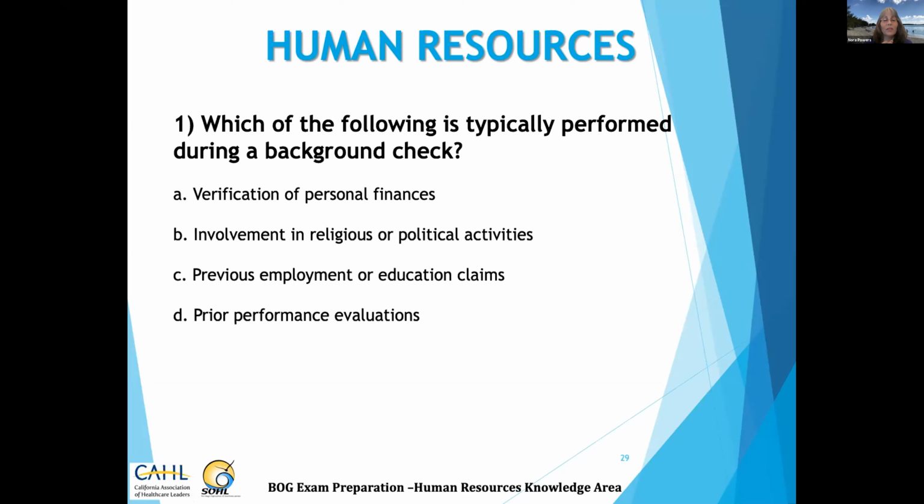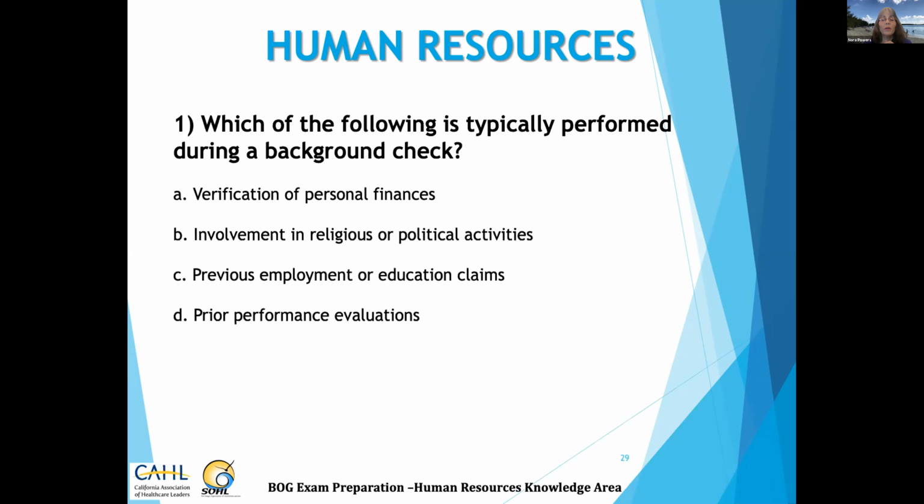Again, look at the question: typically performed. So you already know only one answer is really going to be correct, and it's typical. Let's see what we've got people answering. Got C's.